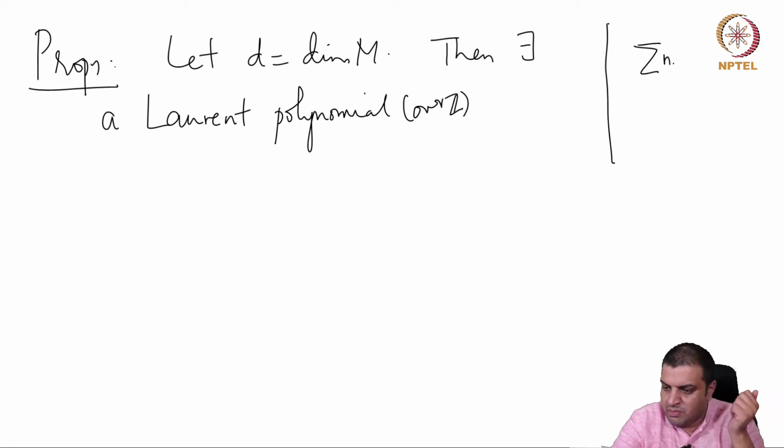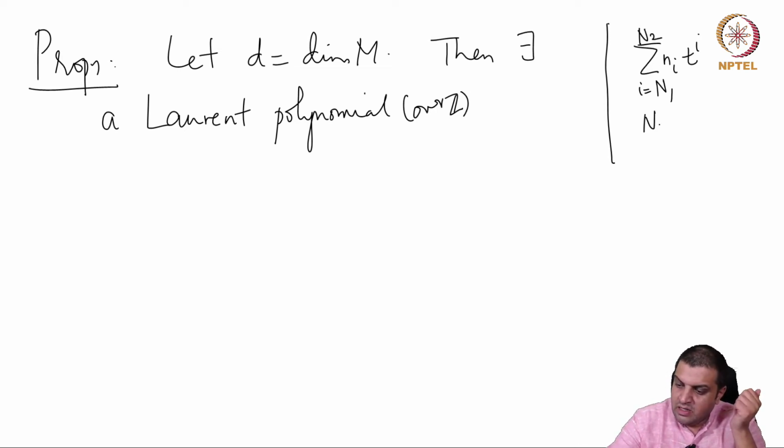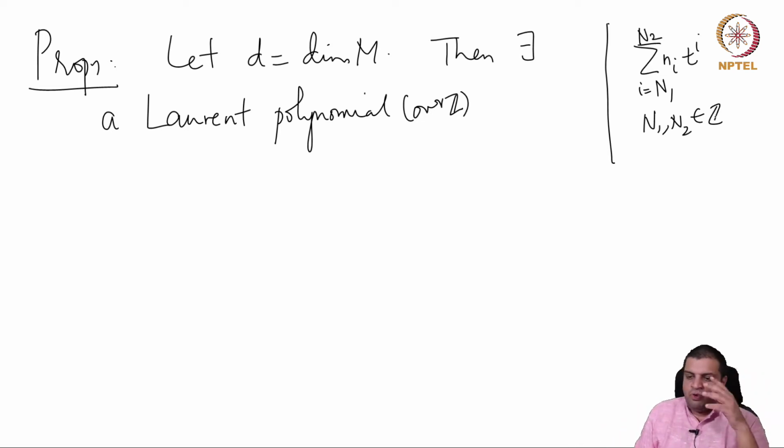So the sum of n_i t to the i, where i goes from some n1 to n2, and n1 and n2 themselves are just integers. For example, t to the minus 2 plus 5 t to the minus 1 plus 5 plus t squared, something like that.